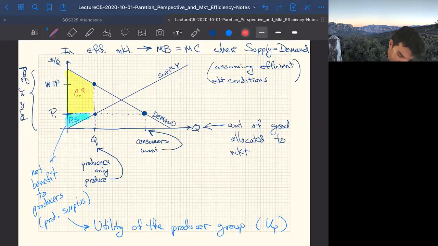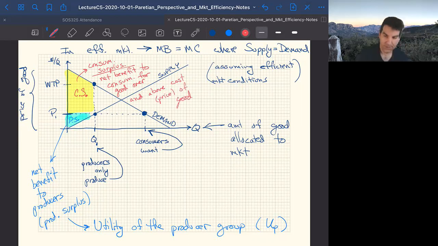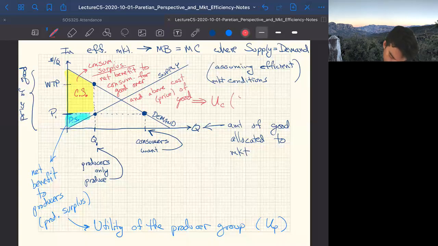The consumer surplus is the net benefit to the consumer for the good over and above the cost, which is the price of the good. And so that is the utility of the consumer.